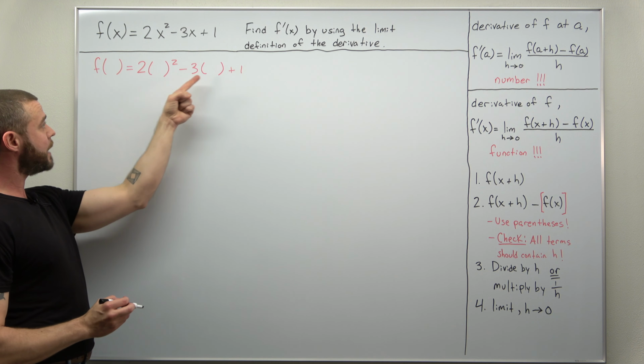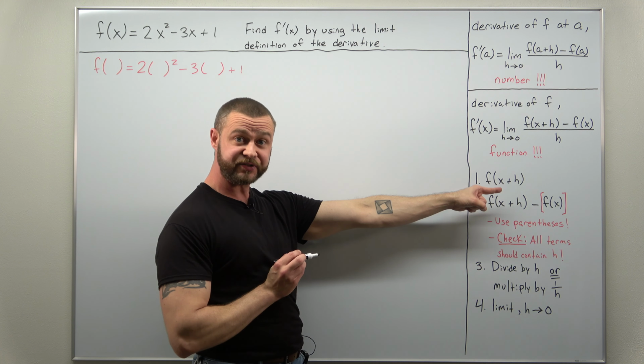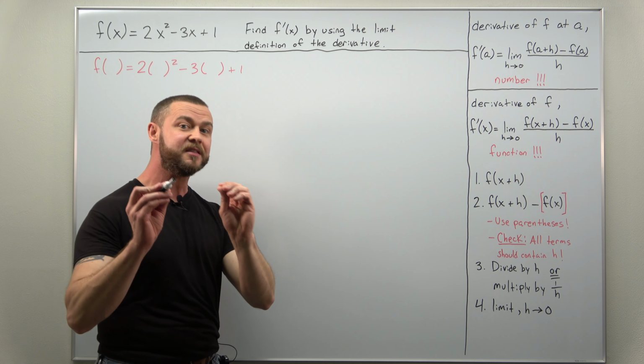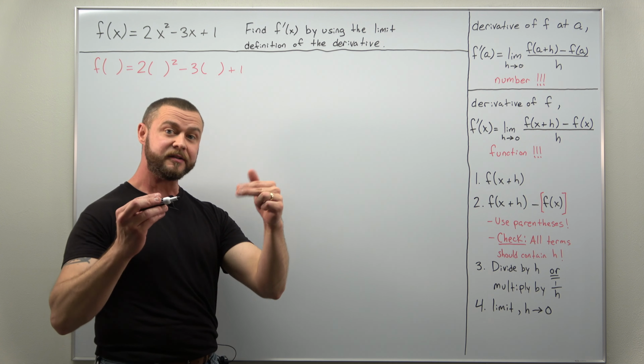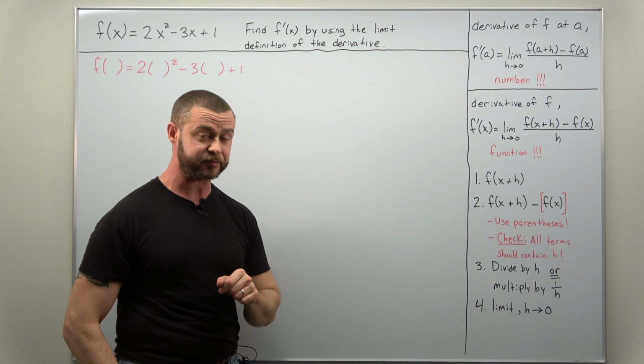That's going to make it a lot more obvious where to plug in step 1, x plus h. So let's go ahead and do that, and we're going to break this complicated question down into several simpler, easier steps.